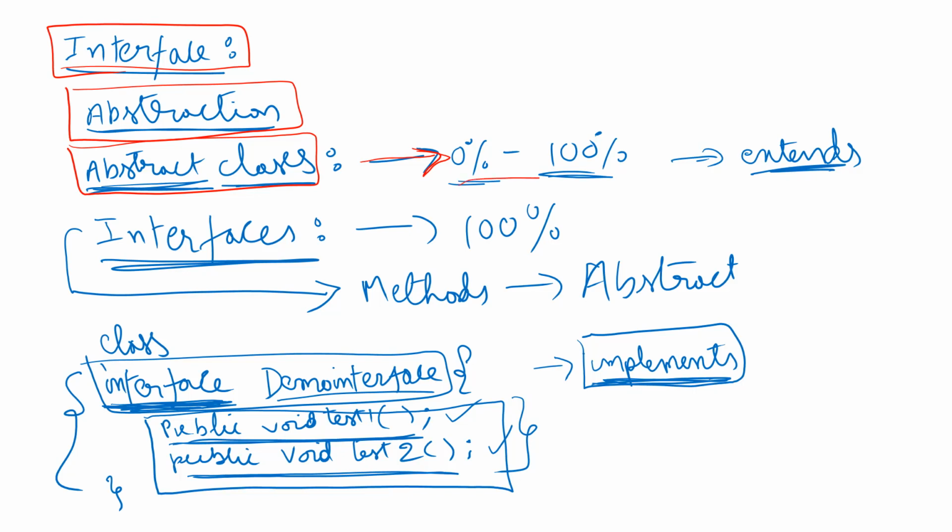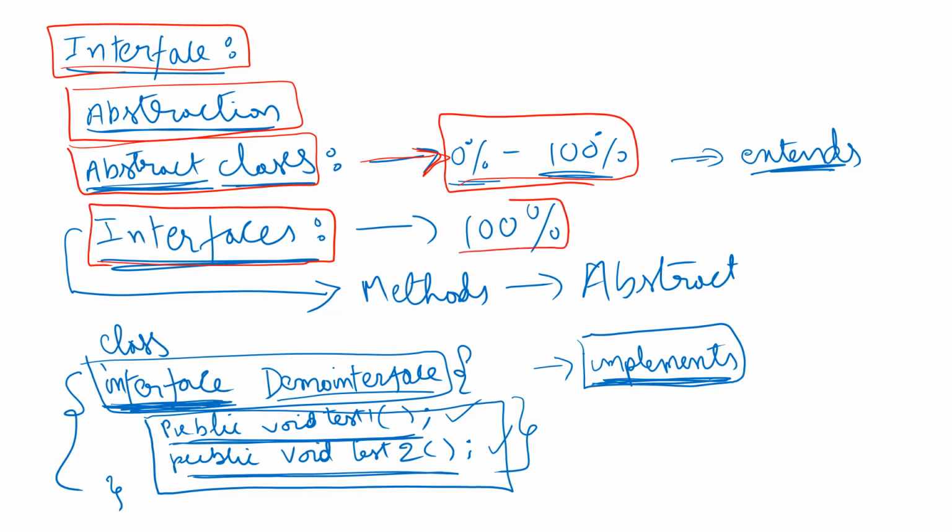But interfaces are the ones which give us 100% abstraction, and interfaces will contain methods which are abstract only. That means we don't have any implementation for the methods defined in interfaces.